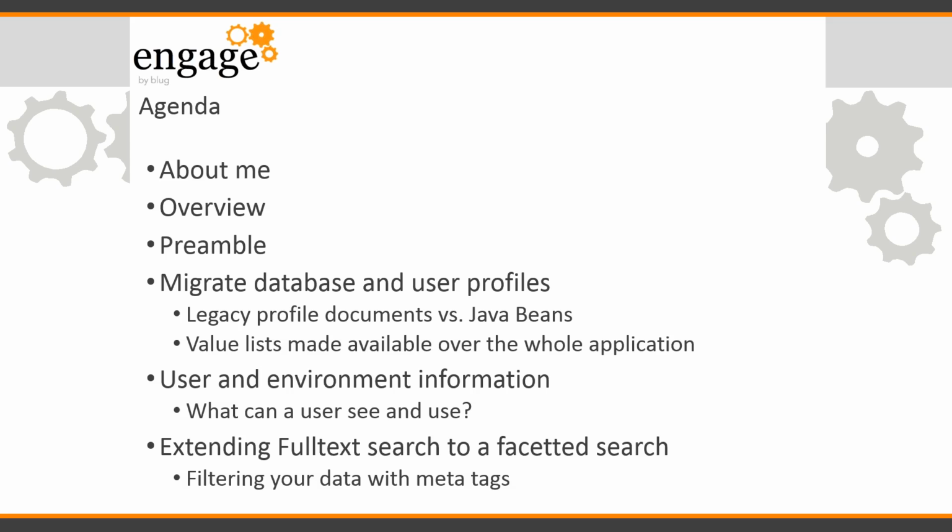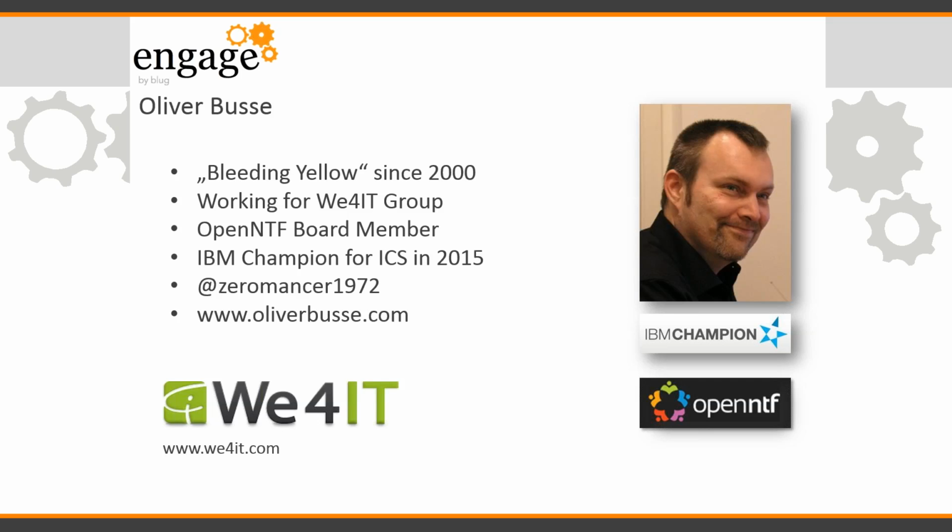And last but not least, I played around a bit with extending the well-known full-text search functionalities you have in Domino apps to a so-called faceted search. What this means, I will cover shortly, and I will show you a basic introduction to create a so-called faceted search.